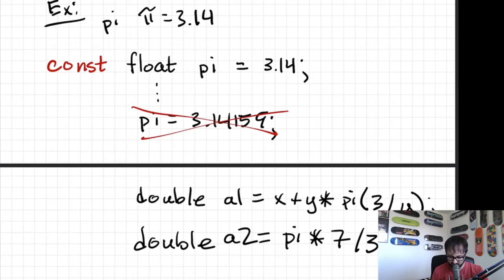None of this matters that I'm writing, I'm just writing crap out of my head. And then just a bunch of equations that keep on using pi over and over again.